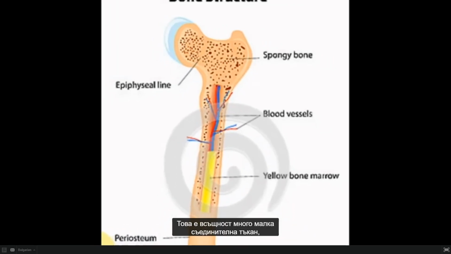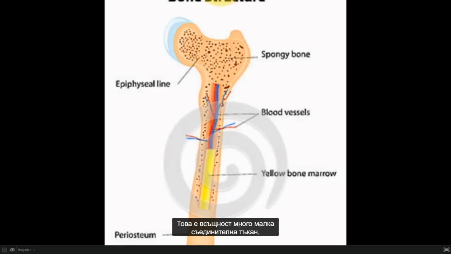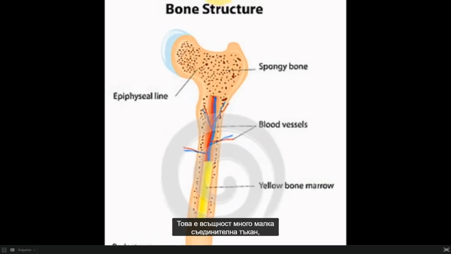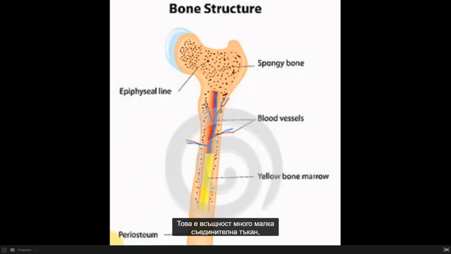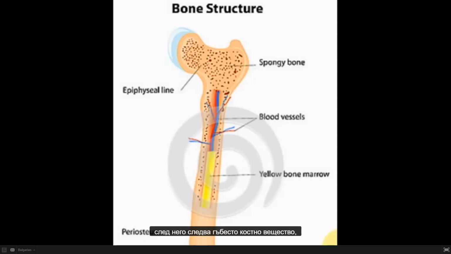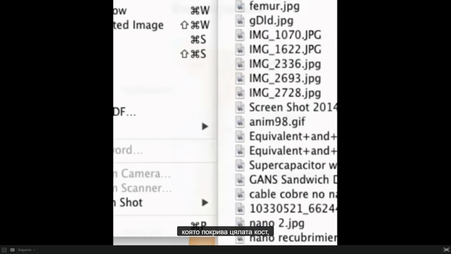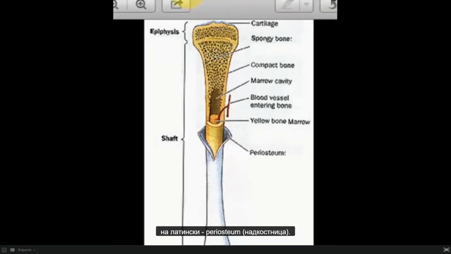This is a very thin, fragile connective tissue which covers the bone marrow, and then comes the spongy part of the wall, and after the spongy part of the wall of the bone, we have again the skin which covers the whole bone, and in Latin this is periosteum.